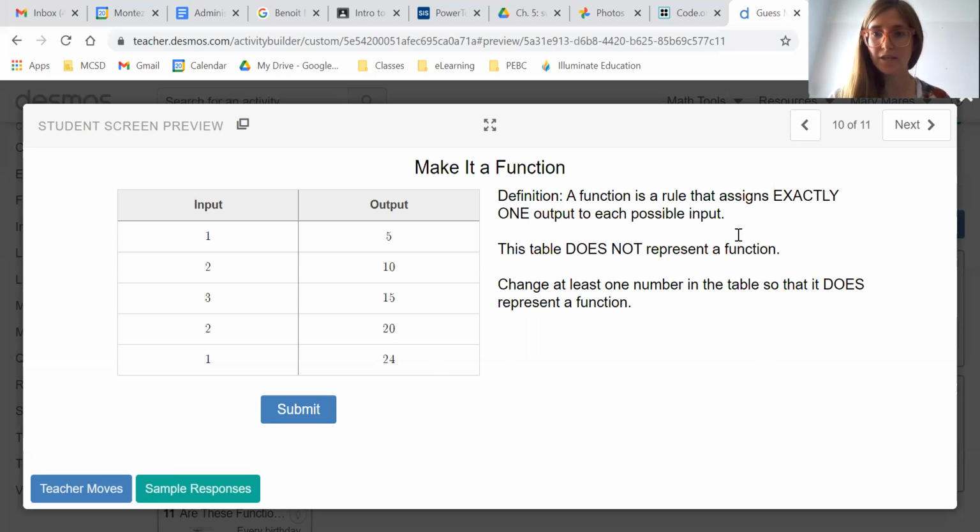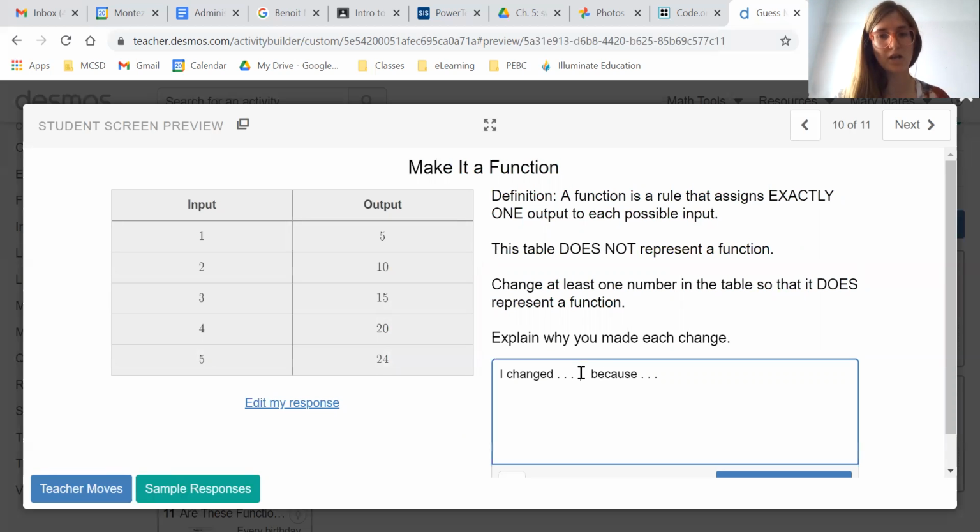So we're going to change this so that the table does represent a function. So I'm going to let 1 map to 5. I'm going to let 2 map to 10. 3 can map to 15. Let's change this one to 4. And let's change this to 5. And now each input has its own output.